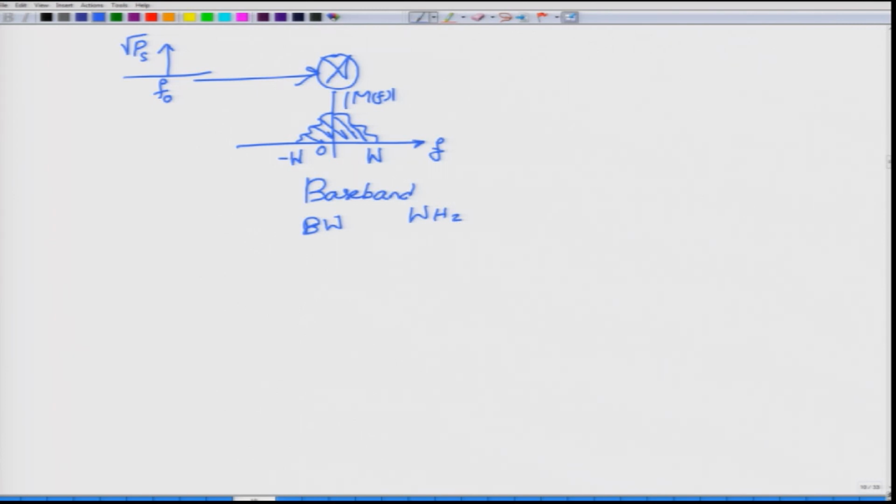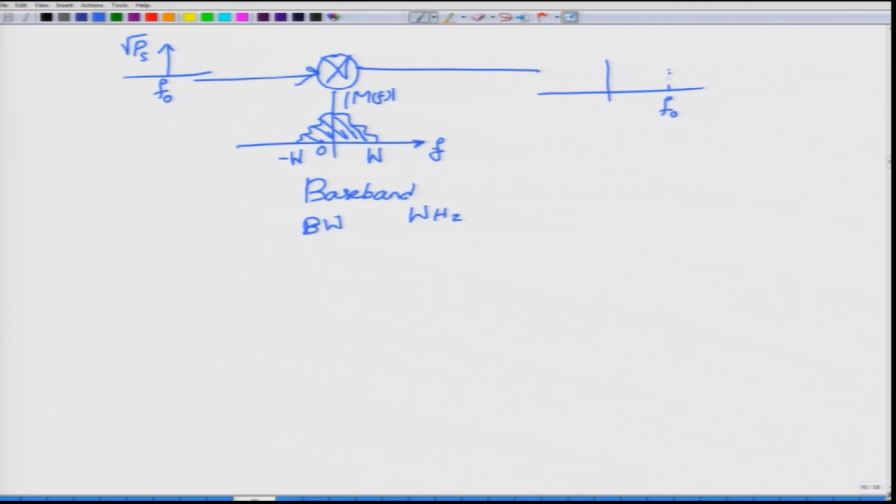Okay. And this operation of multiplication by the complex exponential would take this baseband signal and shift the center. Instead of at 0, it would have shifted the center to f0. So, what you now have is an impulse at f naught, but of course, you do not actually get to have the impulse the way I have written it.